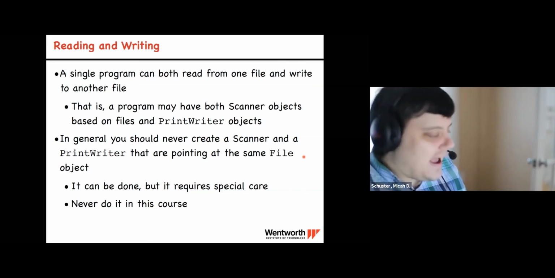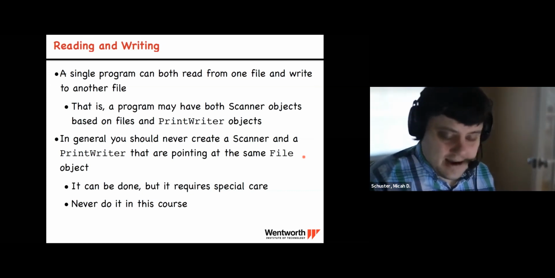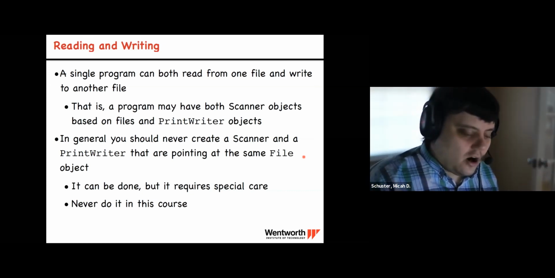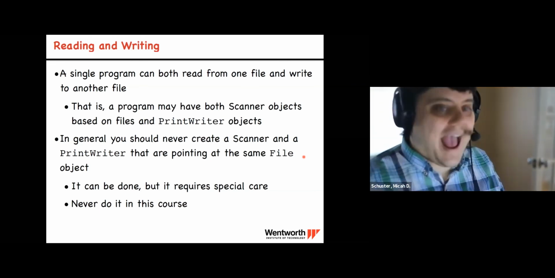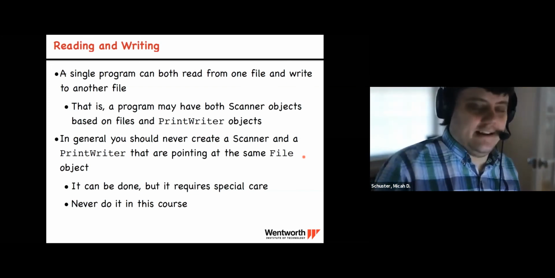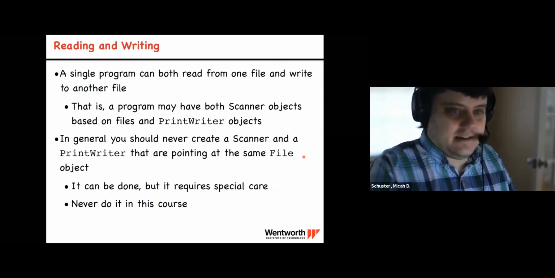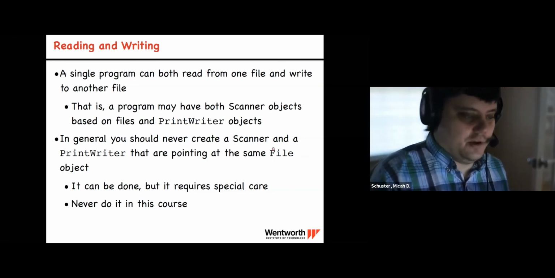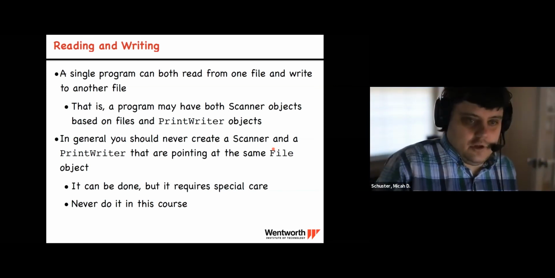It's something that you do have to look into a little bit. The reason why is that when you're reading a file and when you're writing to a file, there are essentially file pointers that point to a different location and keep track of where you are in the file. That's why the Scanner can read a line and then knows what the next line is going to be, because it's at a particular position in the file, just like if you put your cursor at a location in a file, you know where your cursor is.